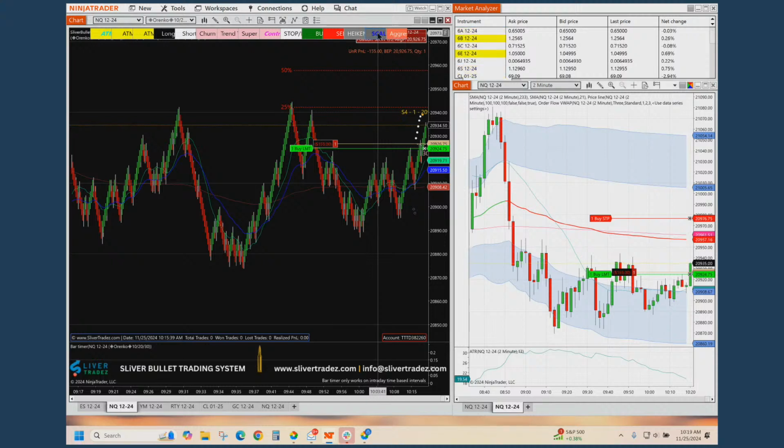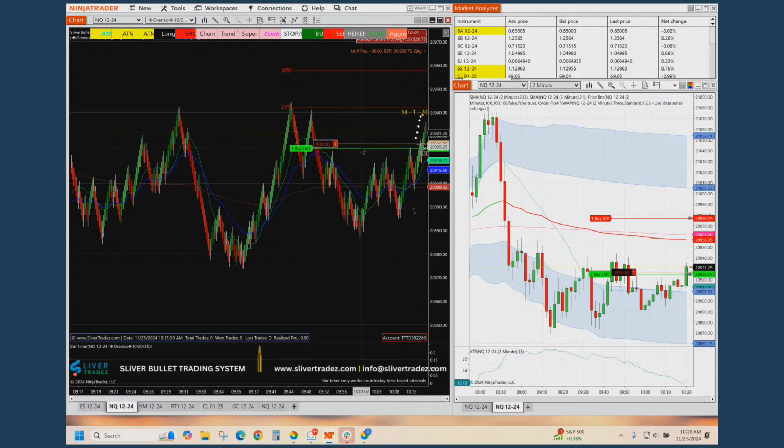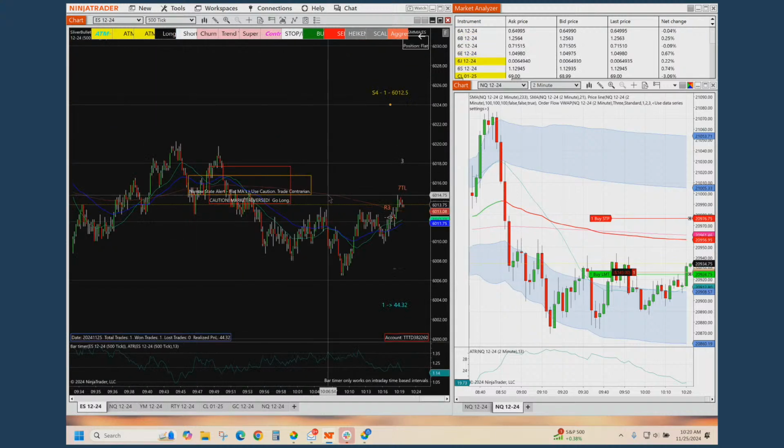So I'll turn the scale in button on, so that I can average the position out and come out. I still feel market will come down here, but if it pushes up higher, then this scale in auto adjust will kick in. Okay, so now let's look here. Okay, this is also pushing up.